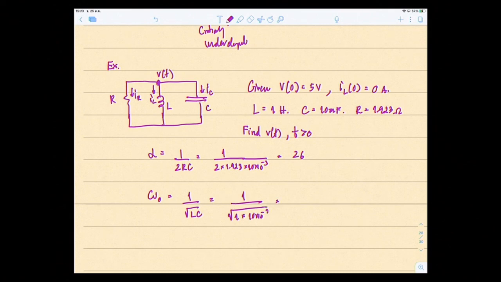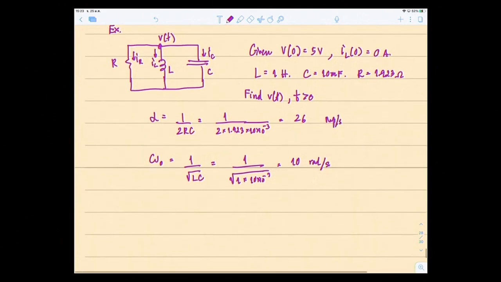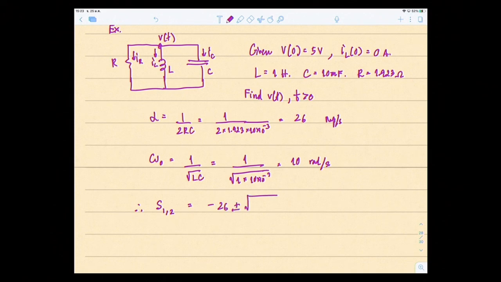So the answer is 10 radian per sec, and alpha is Nepers per sec. So my S1 and S2 are minus 26 plus minus square root of 26 square minus 10 square. So the answer is minus 2, and minus 50.